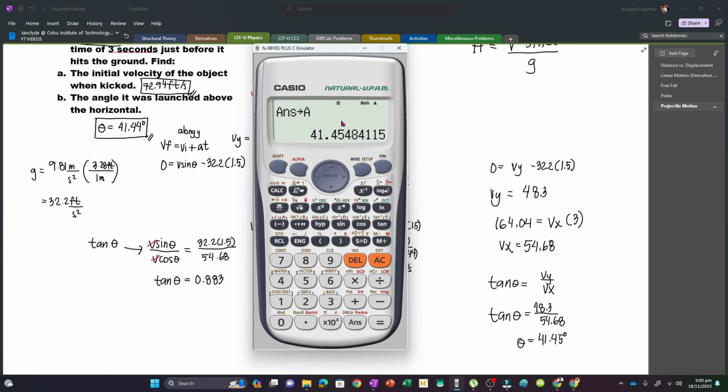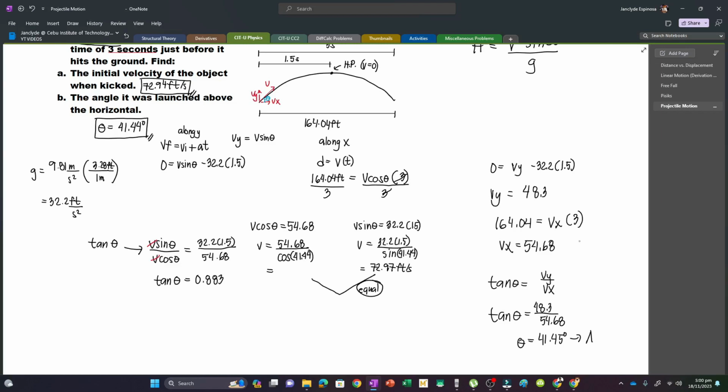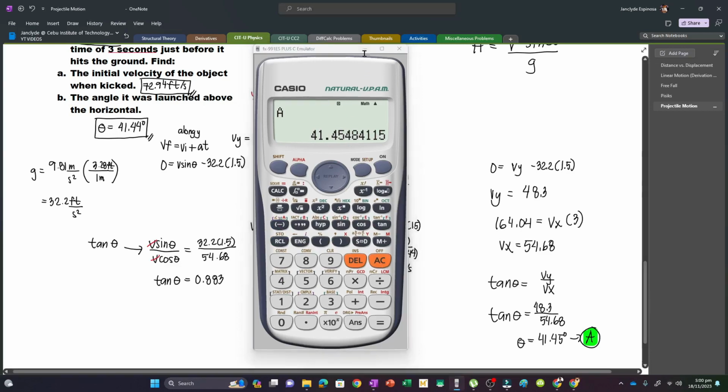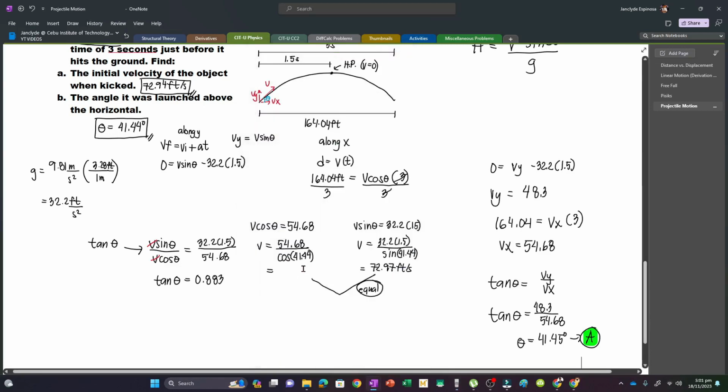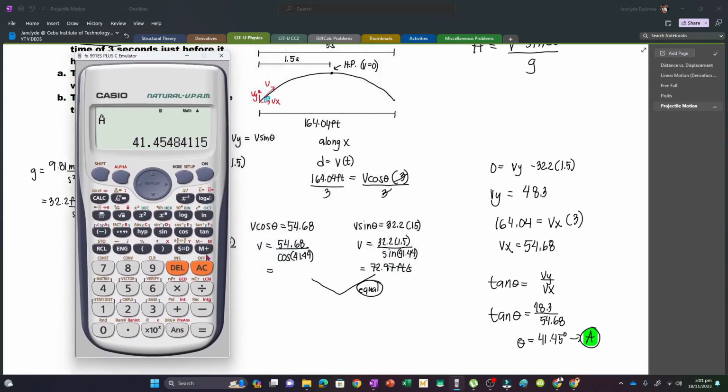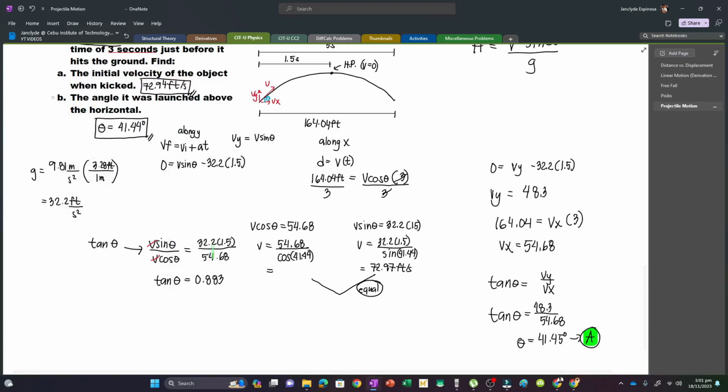So I will store it in A. Again, theta is stored in A. And then, I will store the velocity in another variable, let's say B. In computing V, I will use the exact value: 54.68 over cos of the angle stored in A. The actual velocity is 72.9574698. I will store that in B.